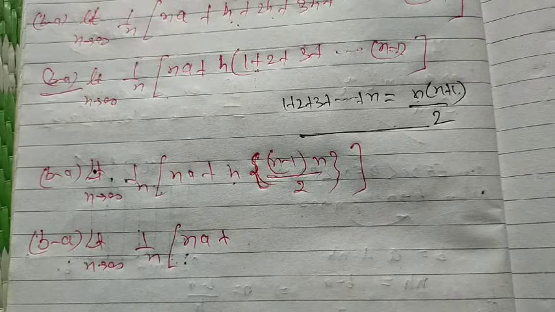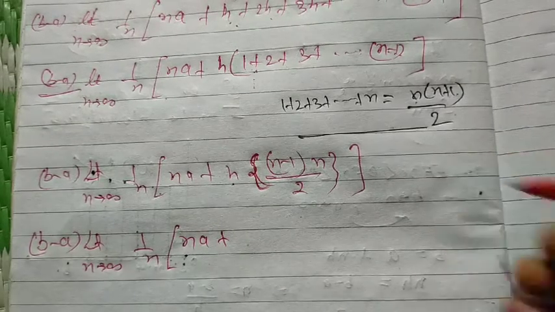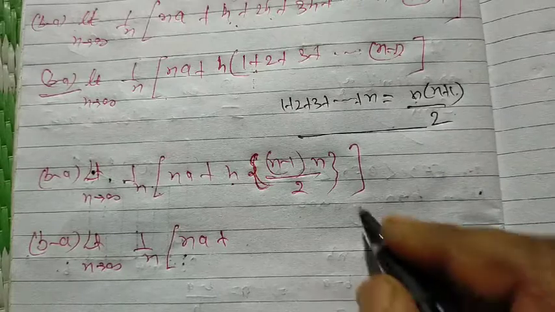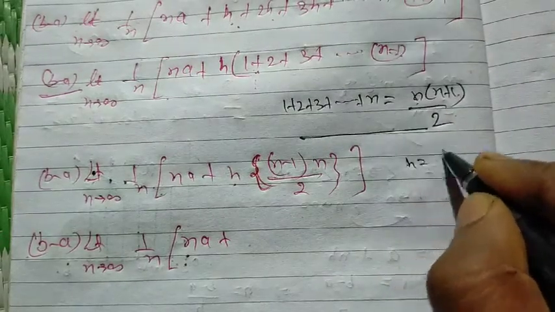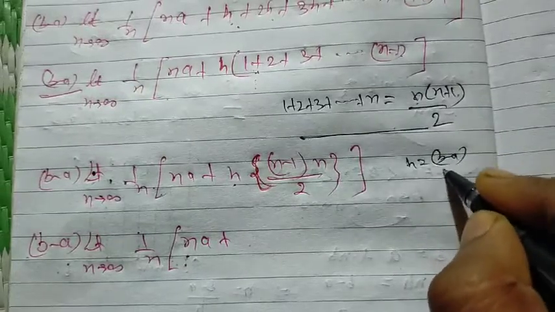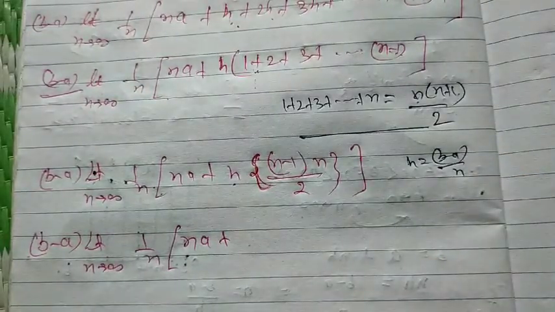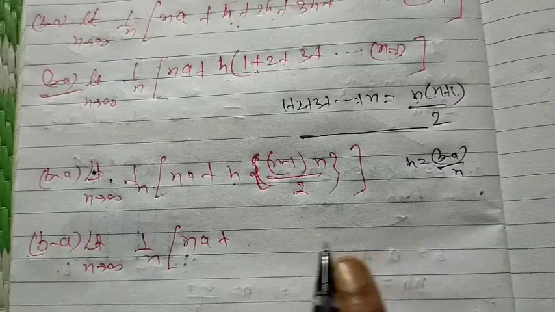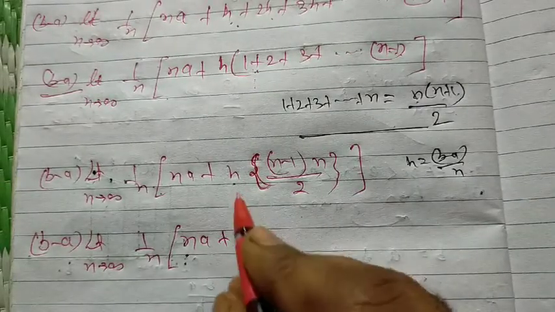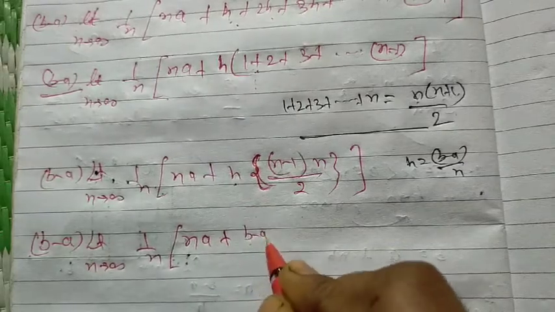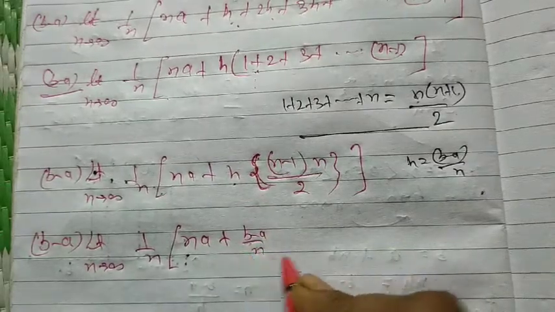Yes, we can write, because we know h equals b minus a upon n. So in place of h I'm going to write this b minus a upon n.